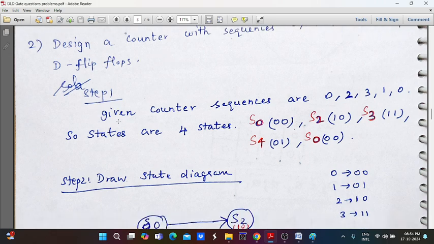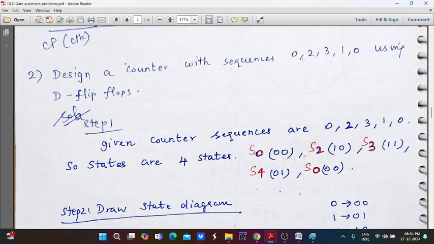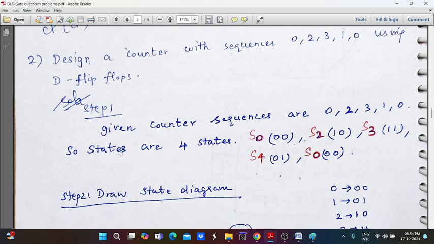As the initial step, the given counter sequence must be correctly arranged in order: 0, 2, 3, 1, 0. In this order, the state transition takes place for this example. The number of states represented here is 4 and the initial state is 0, which can be denoted as S0.